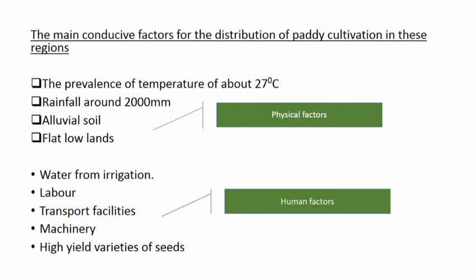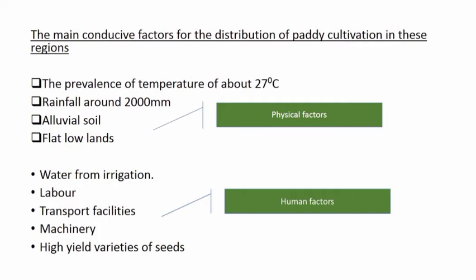Paddy cultivation is a labor-intensive agricultural type. Especially in the Asian countries, they mostly use human labor. Except human labor, machinery can be used for the success of this cultivation. Developed countries mostly use machines for paddy cultivation.